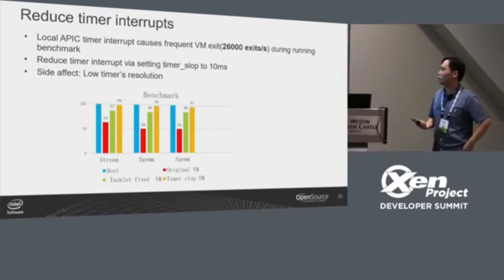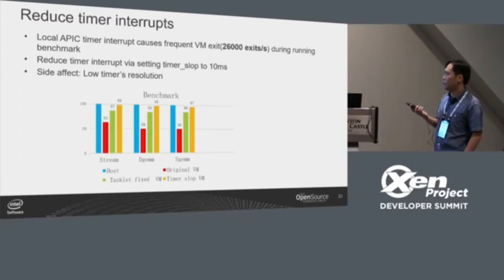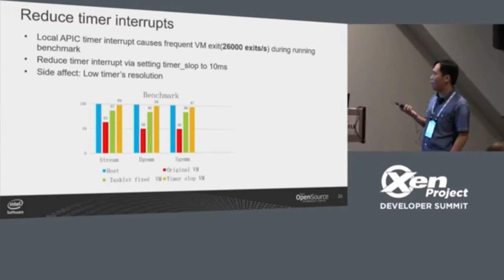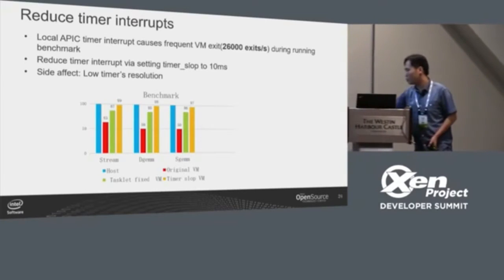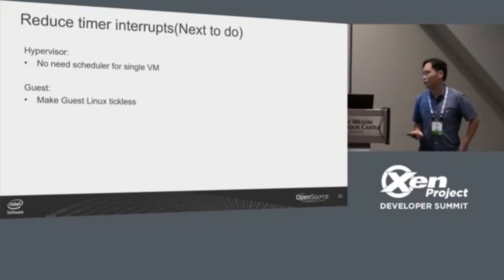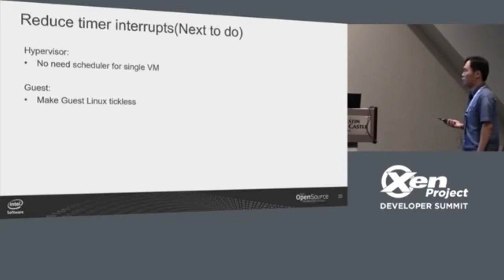So we can achieve high performance, but that way has a side effect: we have a low timer resolution. We still try to find some trade-off solution between the timer resolution and the performance.